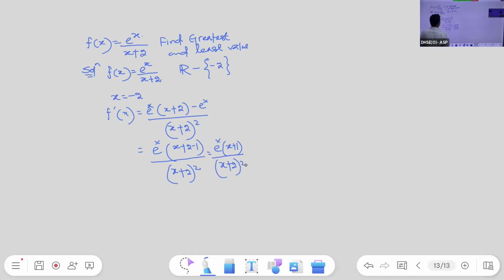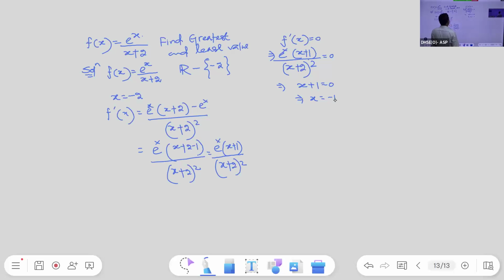So f dash x equal to 0 implies e power x into (x plus 1) upon (x plus 2) whole square is equal to 0. This is possible when x plus 1 is equal to 0, so the value of x is -1. So x equal to -1 is the only critical point.